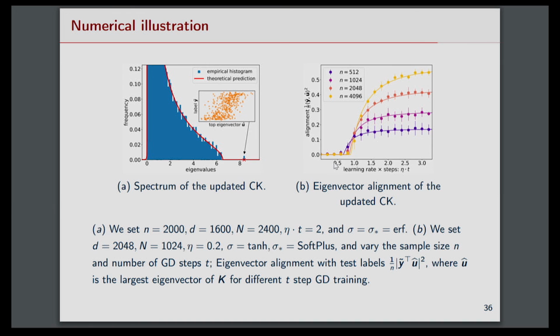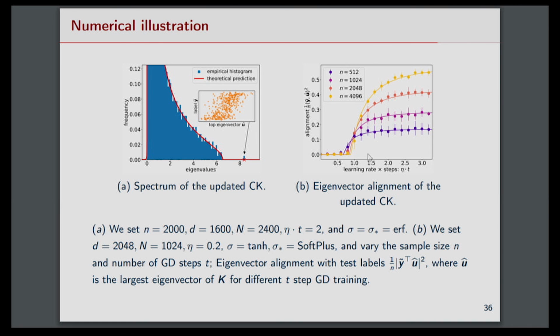As the number of steps increases, you can see this alignment is increasing. These dots are from the simulation, and the solid curves are from our theory. At the beginning, there is no alignment, since it's just the random case. There is no alignment between this test label and the eigenvector.